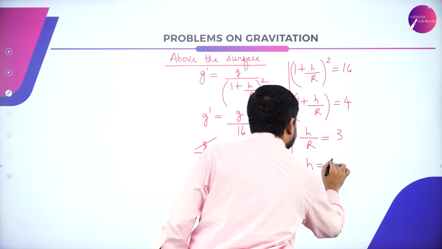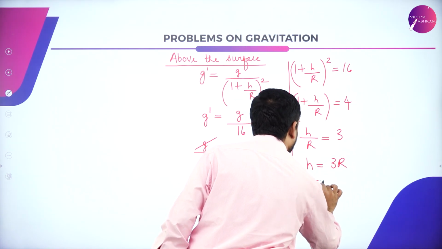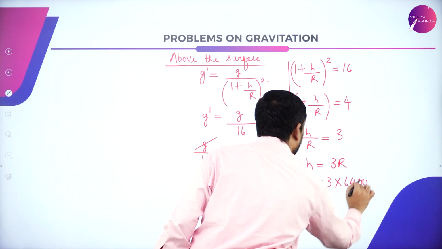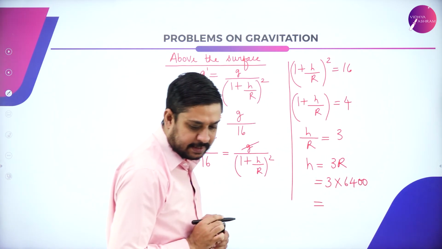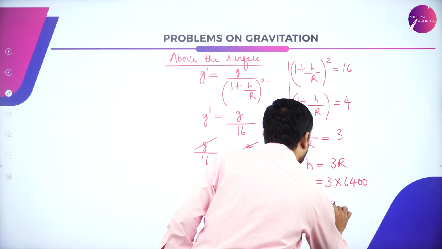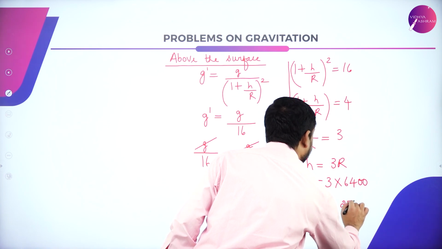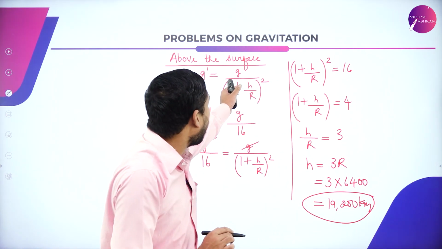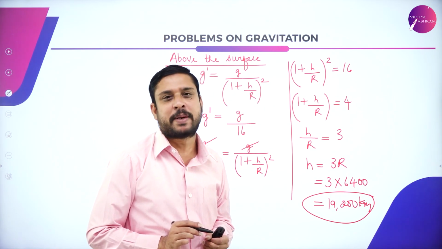So h is 3 times R, 3 into 6,400 kilometers, which turns out to be 19,200 kilometers.